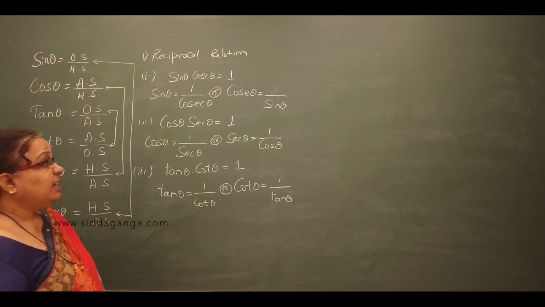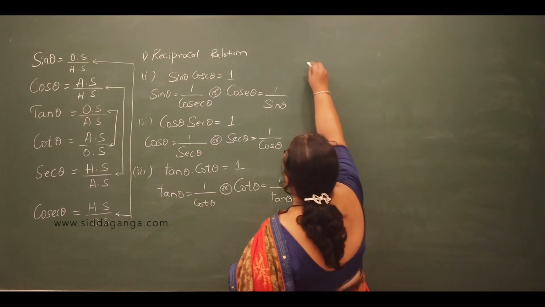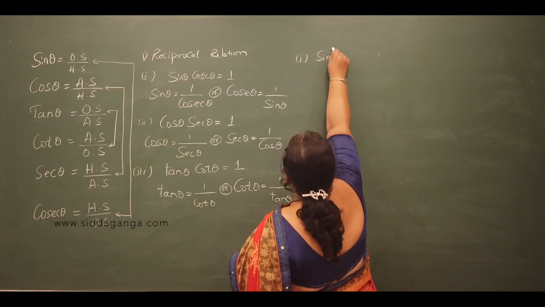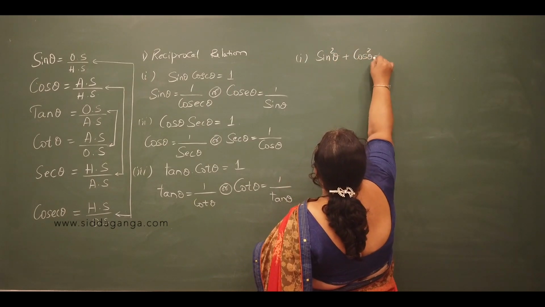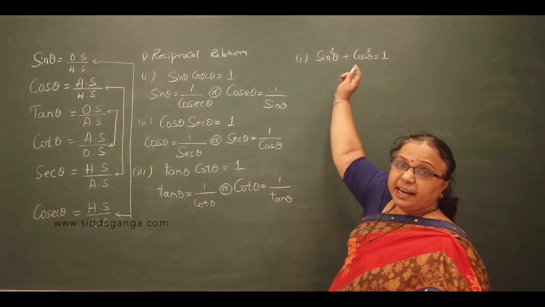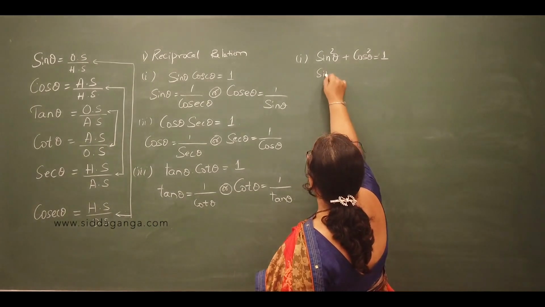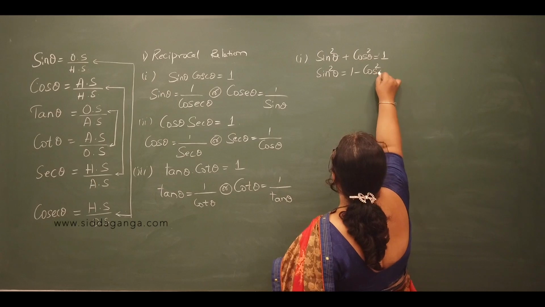The next relation is called the identity. The first identity is sine square theta plus cos square theta equal to 1. We can express this identity as sine square theta equals 1 minus cos square theta.